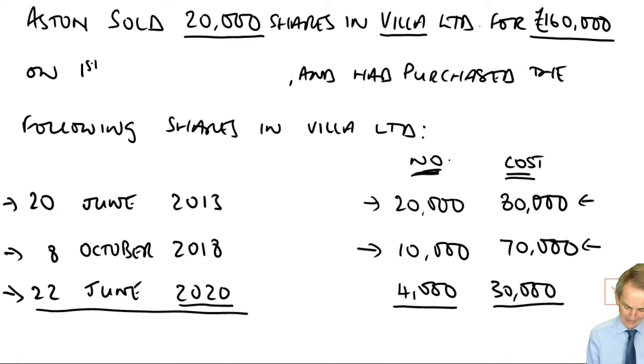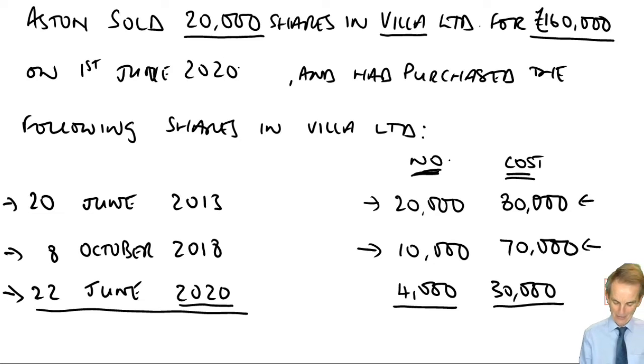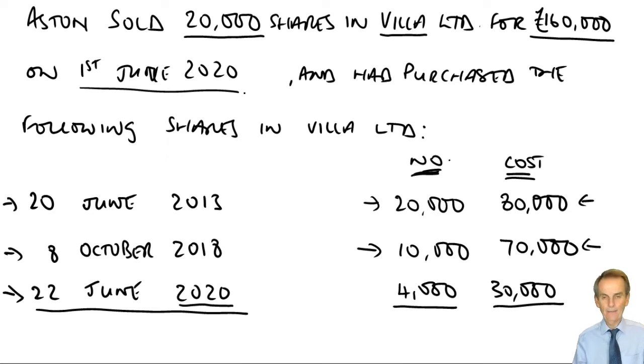I think it said the 1st of June 2020. How on earth did I eliminate that? So, that sale date was the 1st of June 2020. We can see there are no acquisitions on the same day. That was the first identification rule determined. No shares bought on the same day.